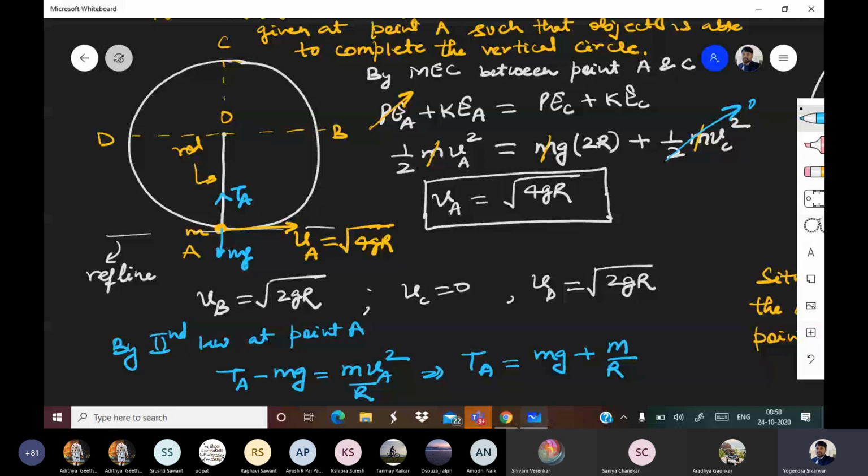So TA comes out to be 5 mg. So if TA is equal to 5 mg, TB will be how much?